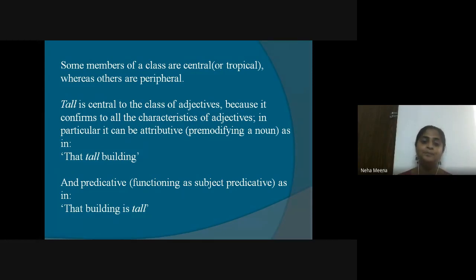When we talk about this example, that tall building, it is the building which is tall. This is the first sentence. Or if the person is pointing at the building and calling it that tall building, in these two different contexts, tall is used in the same manner. It is carrying the same functions, and it is implying the same kind of semantic implication.